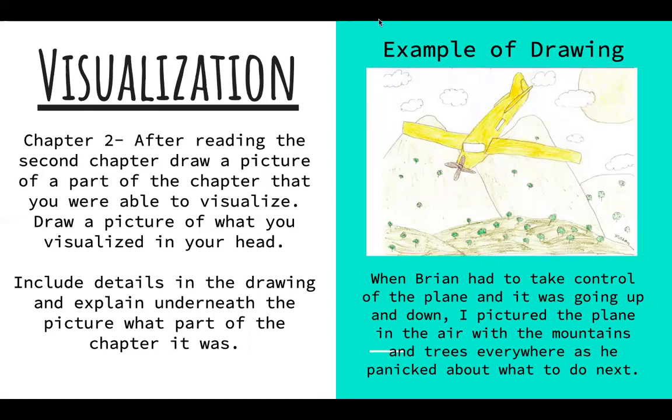So right here, you can see an example that I did for you. I drew a picture of a plane flying over the mountains, and I wrote underneath my little explanation of it, and I said, when Brian had to take control of the plane and it was going up and down, I pictured the plane in the air with the mountains and trees everywhere as he panicked about what to do next. So based on chapter 2, you can do any part of chapter 2 that you visualize in your head while it was being read to you or while you read it on your own.